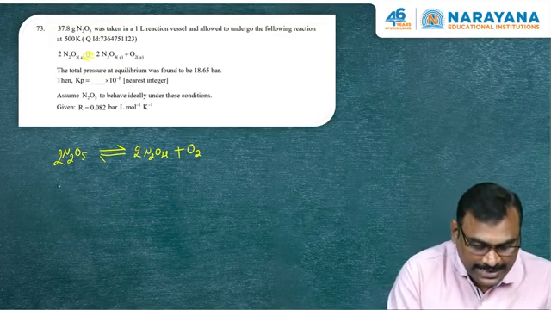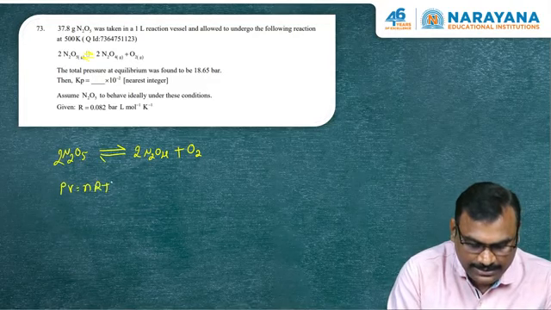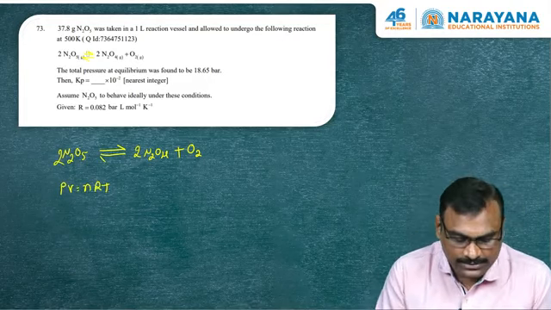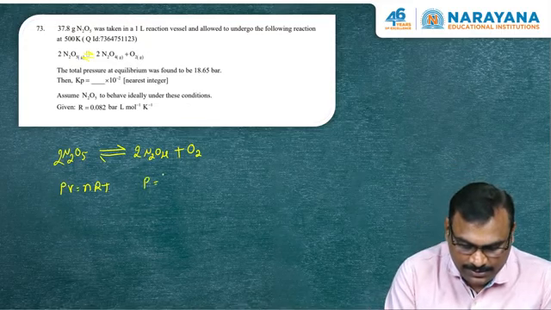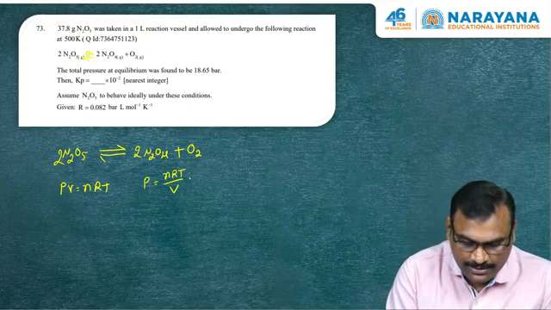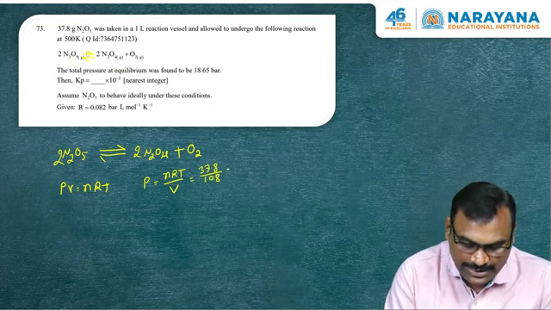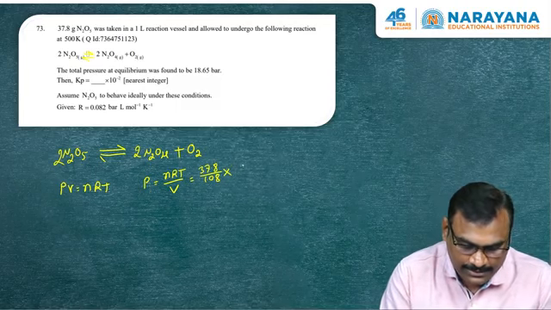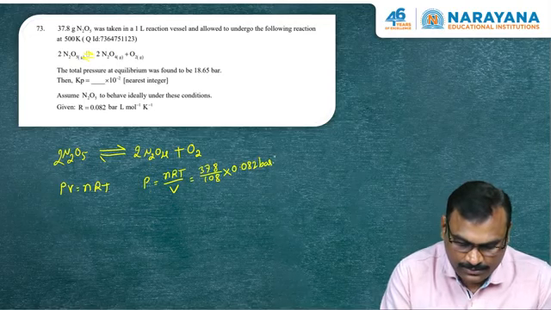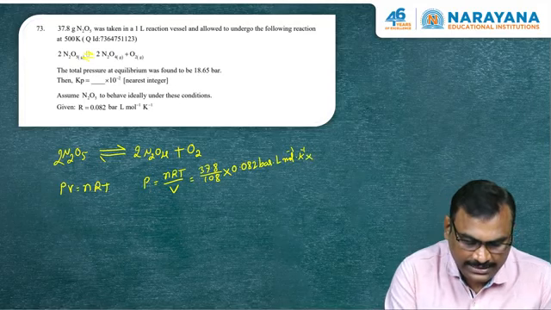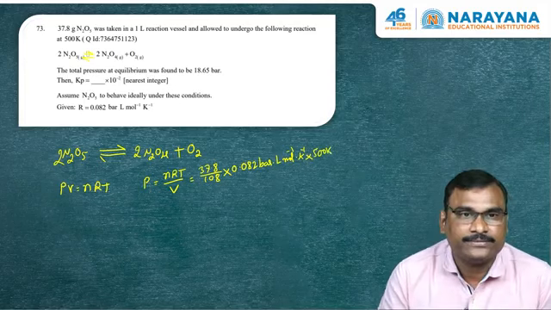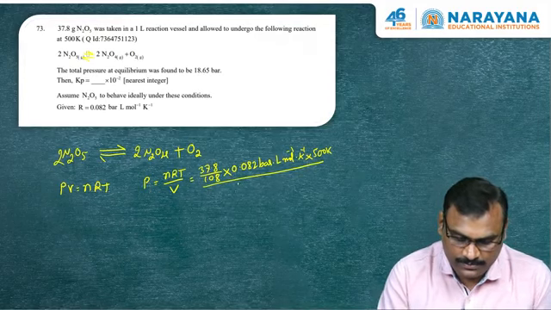Let us see what is the initial pressure. PV is equal to nRT, because he said N2O5 is ideal. That means the initial pressure equals nRT by V. Number of moles is 37.8 by 108, into R, 0.082 bar liter per mole per kelvin, into temperature, which was given as 500 kelvin, for a 1 liter vessel.